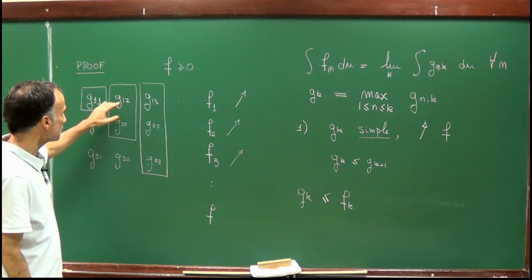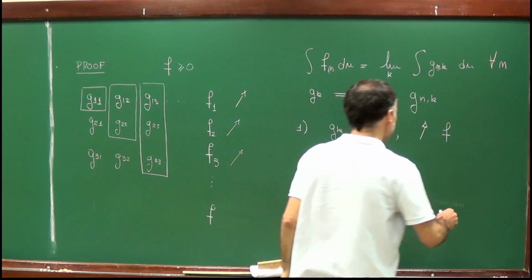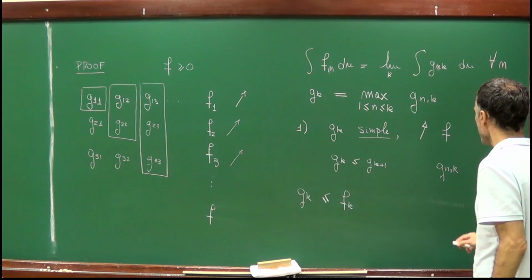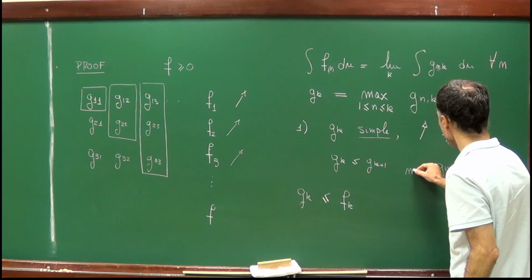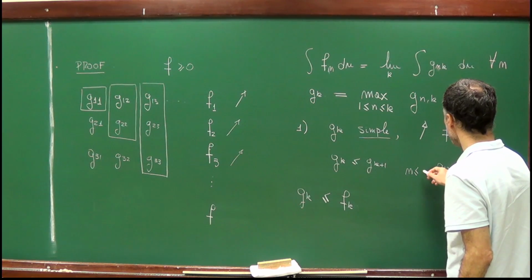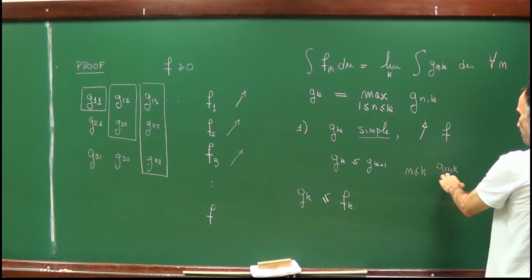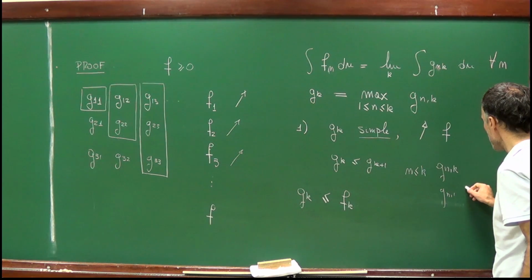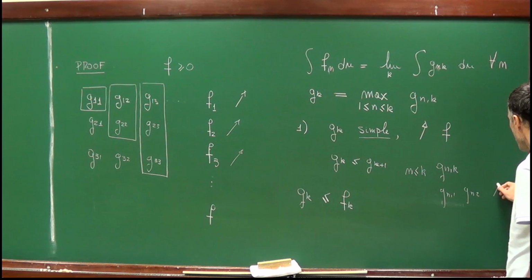That's very easy, because if you fix k, and take n smaller than k, and consider the sequence g_{n,1}, g_{n,2}, and so on, these sequences are increasing and they increase to f_n.